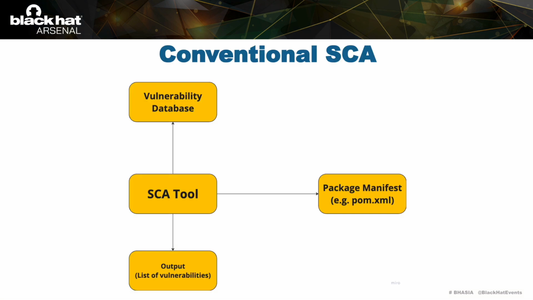Before we look at the various features of VET, it's worth looking at how VET is different from conventional SCA or software composition analysis tools. A conventional SCA tool works by scanning package manifests such as pom.xml, package-lock.json, or requirements.txt, very package manager specific file formats which define the list of third-party dependencies for your application.